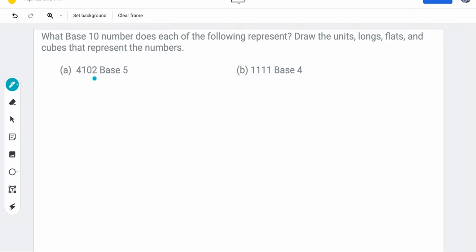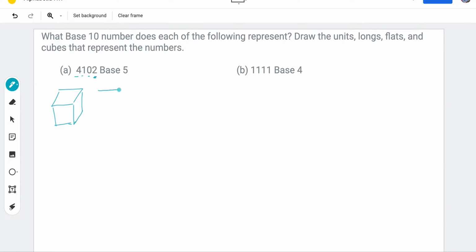So we know that this is the ones, units. This is longs, flats, and the cubes. So this will show you that you have 4 cubes where you have 5 by 5 by 5 units there.